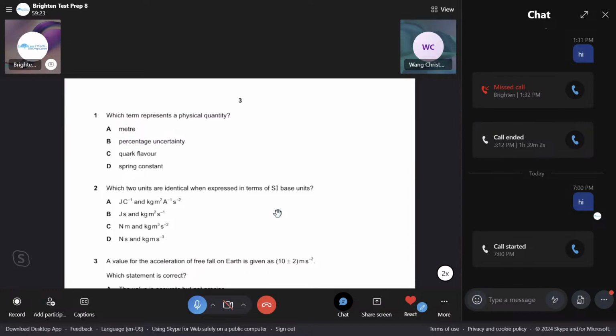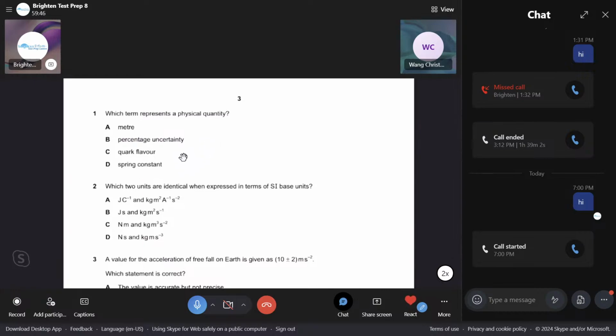Let's start with 1. Which one here is a physical quantity? A. Some of that is kind of easy, but not easy in the end.